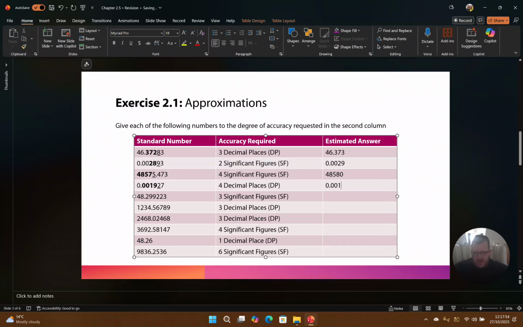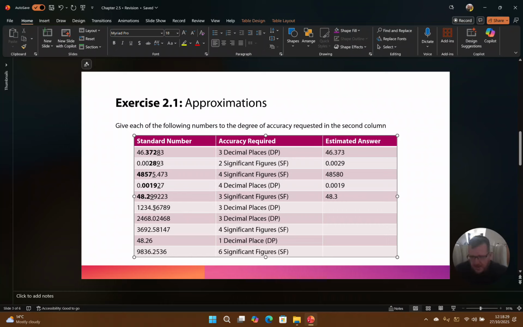And because that 2 is less than 5, we are going to stay as we are. 3 significant figures should be those 3 that I put in bold. 48.2, but that 9 is greater than 5, so then that rounds it up to 3.